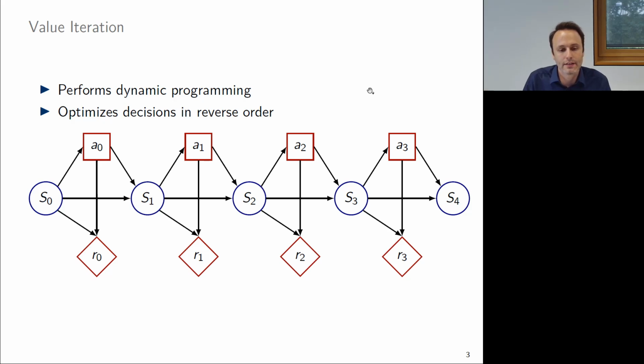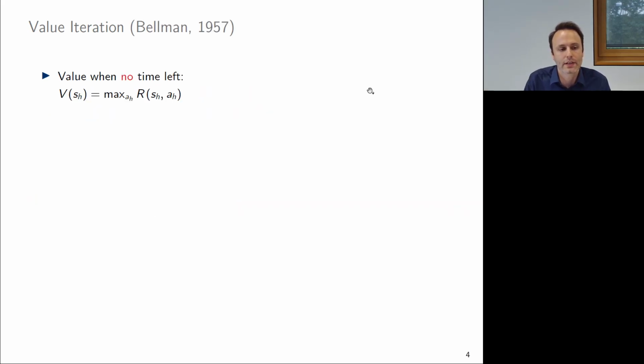Now, in this kind of situation, we can actually write up a problem where there is no time left anymore by writing the expected value of the state where the horizon ends, so at h. And there we just collect the rewards that we get, or our expected rewards, in the last period.